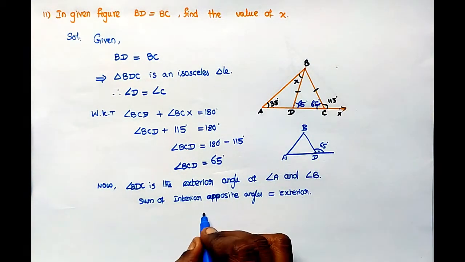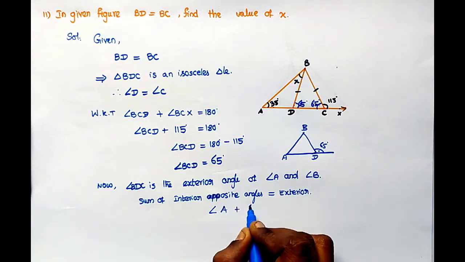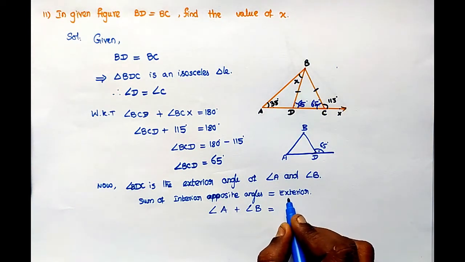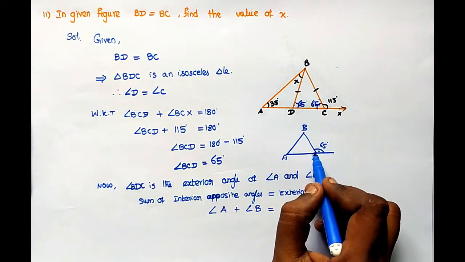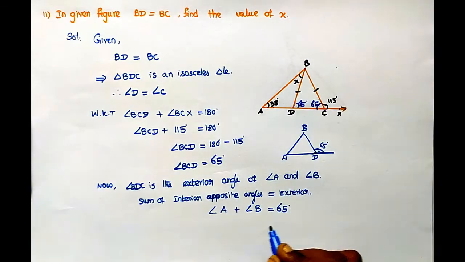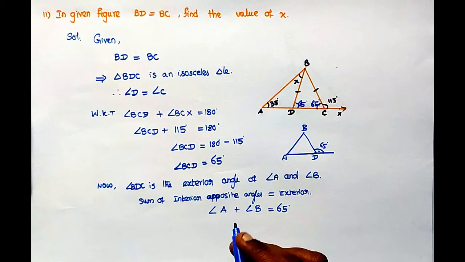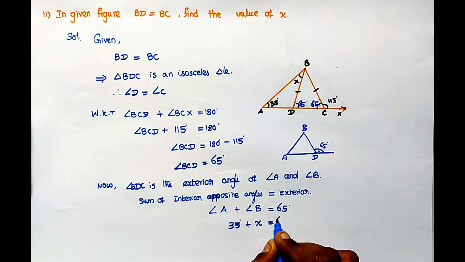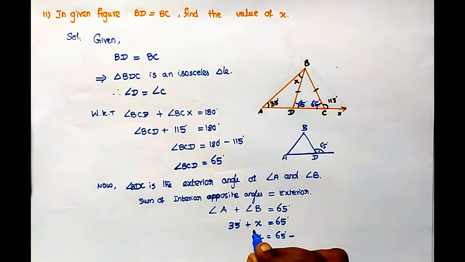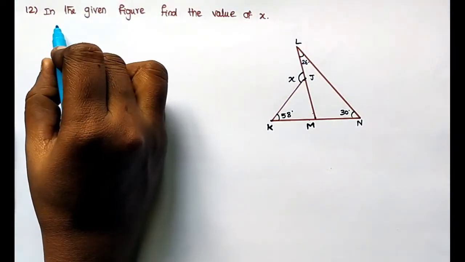A and B. So angle A plus angle B equals exterior angle BDC, that is 65. Angle A is 35 degrees plus B is x equals 65. Now x equals 65 degrees minus 35 degrees, x equals 30 degrees. That is the value of x. That is the answer.